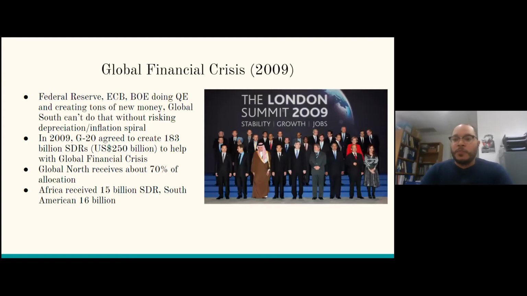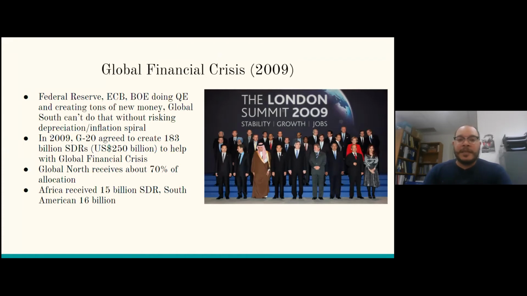Now, the issue of SDRs was dormant for many decades until the global financial crisis of 2009. After that crisis, the world's major central banks, the Federal Reserve, the European Central Bank, the Bank of England, all began doing what's called quantitative easing, which the easiest way to understand is they printed a ton of money and gave it to their banks.